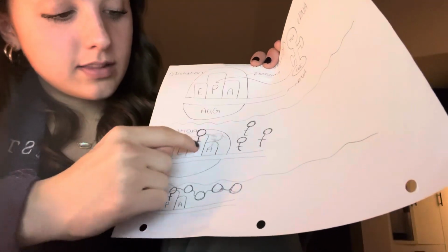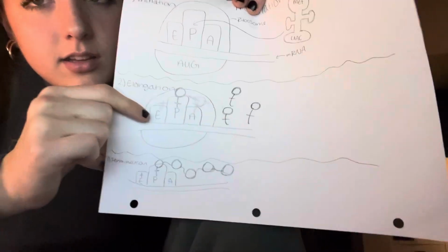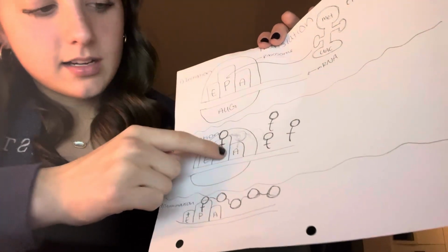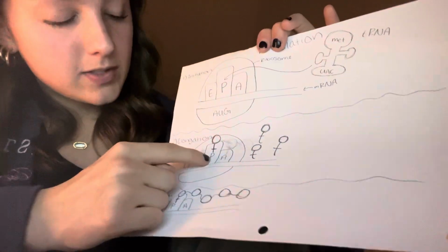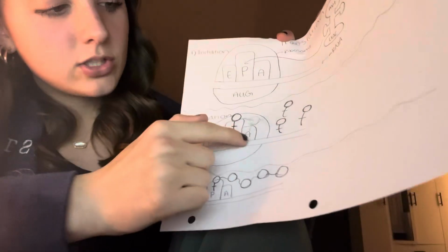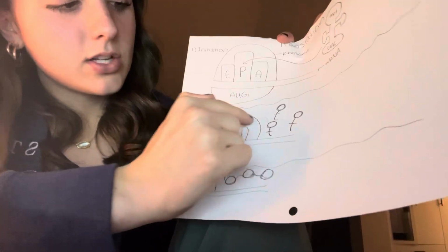Then this tRNA will move over into the E site, and it's going to fall off. The one on the A site is going to move into the P site, but it's going to keep that bond between the amino acids. It's just going to continue that process of scooting over and getting off until there's a long chain of amino acids all bonded together.